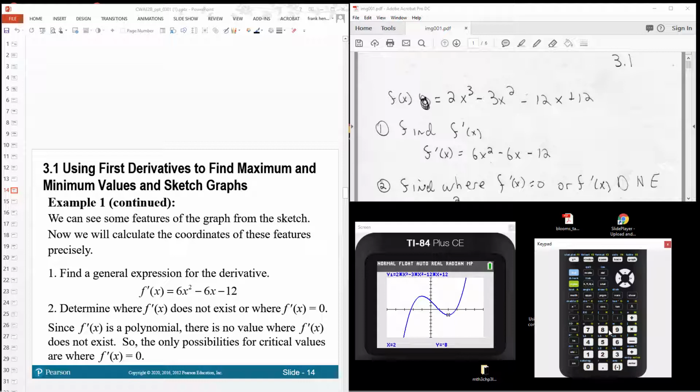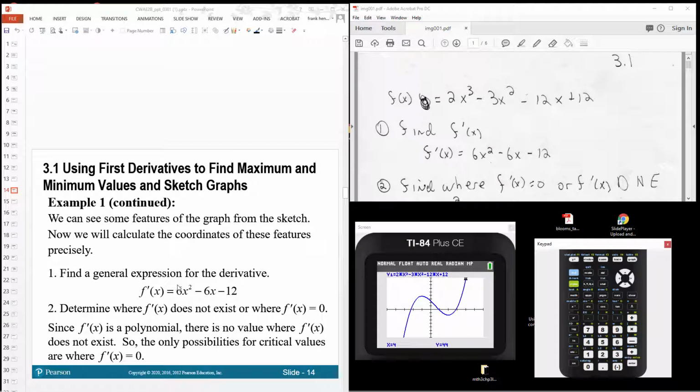I can do another point, let's say I put a 4 in and hit enter, and it gives me a value at that point. So using the trace function, I can evaluate it and get more exact values.